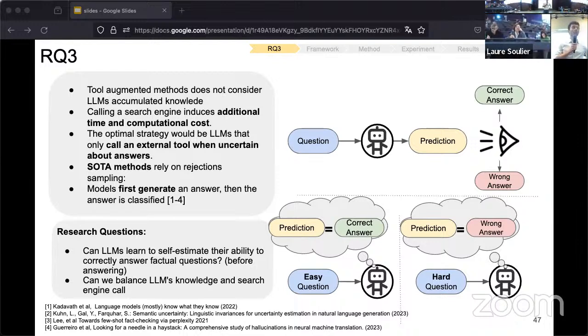So, for example, the goal is to compare if the model generates its answer without additional documents, and we want to compare that answer with the answer with support documents.